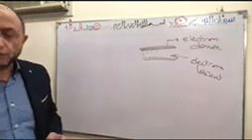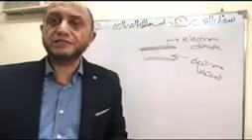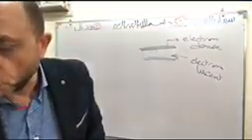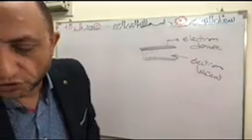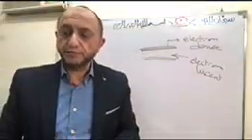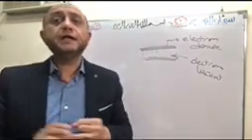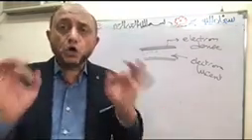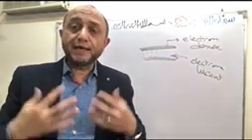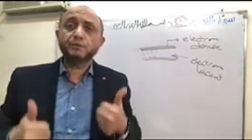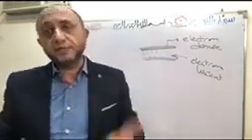That is the introduction to histology. I told you that histology is the study of the normal tissues under the microscope, and I can use two types of microscope: light microscope and electron microscope.